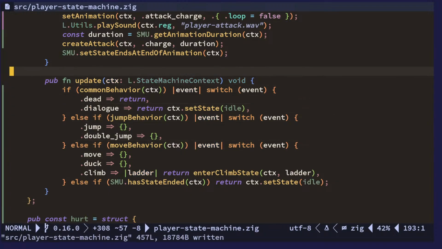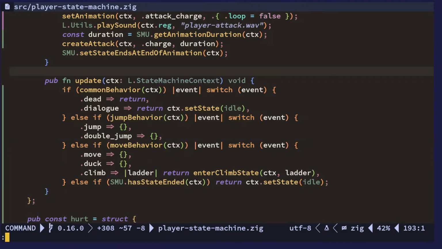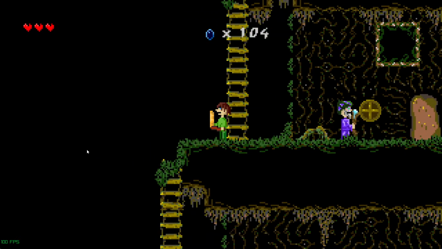There we go. Cool. Yeah, because I really value being mobile, making the controls feel like you should always be able to move around essentially. Unless maybe you get stunned by an enemy or something.